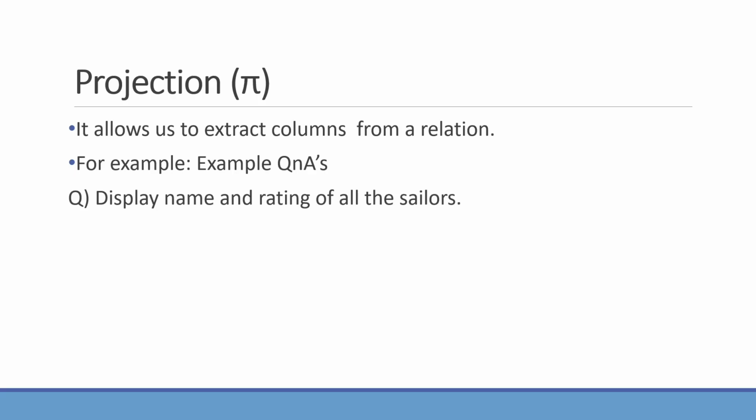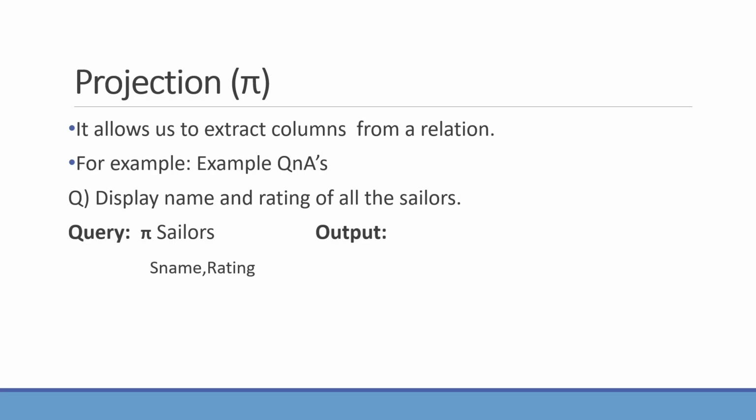Display name and rating for all the sailors. So the query is pi of sailors with SName and rating. As in the question they mentioned to display name and rating of all the sailors, what you want in your output as attributes, you just mention below the pi, SName and rating.